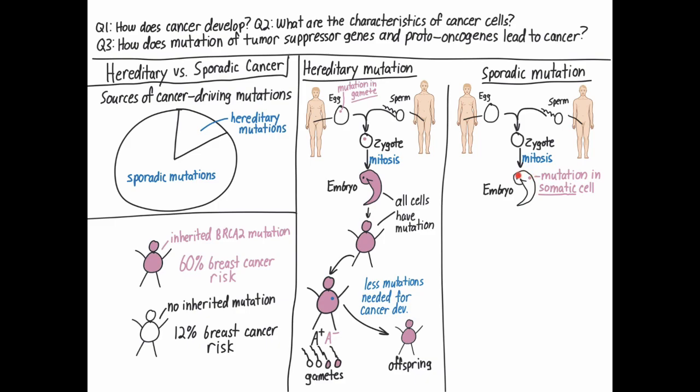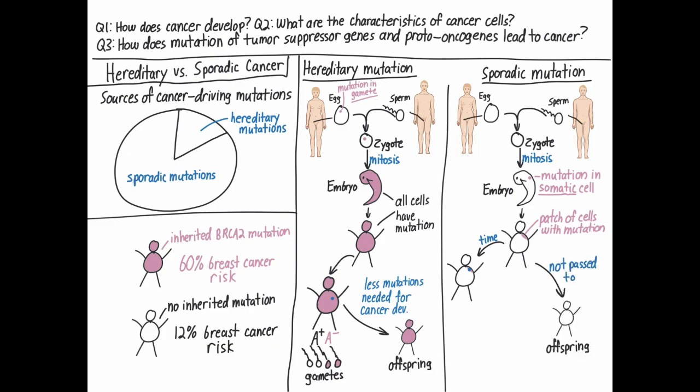If it occurs early, a patch of cells derived from the mutated cell will also carry that mutation. Just as with heritable cancer, it will take more mutations for sporadic cancer to develop, if it ever does. Sporadic mutations are not passed on to offspring because somatic cells don't pass on their DNA to gametes.